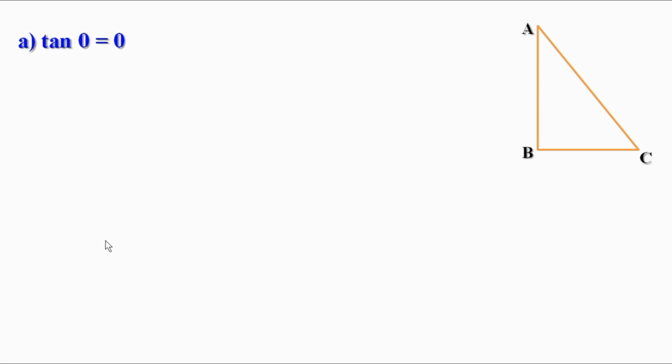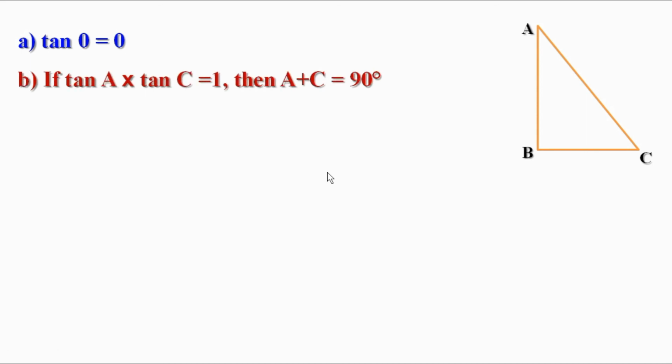Now the second problem, if tan A into tan C equals 1, then A plus C equals 90. Tan 1 into tan 89: 1 plus 89 equals 90. Therefore, they are a pair of acute angles in a right angle triangle. Therefore, tan 1 into tan 89 equals 1.